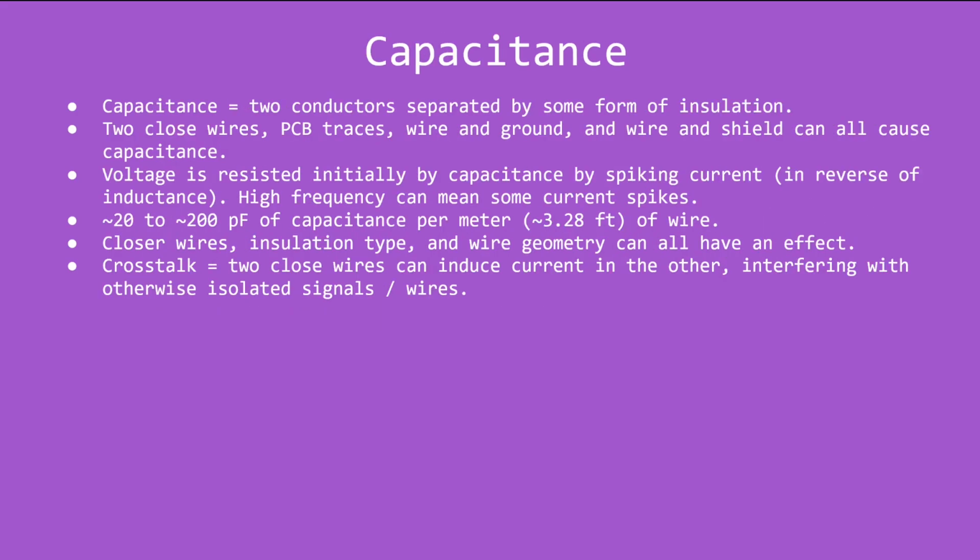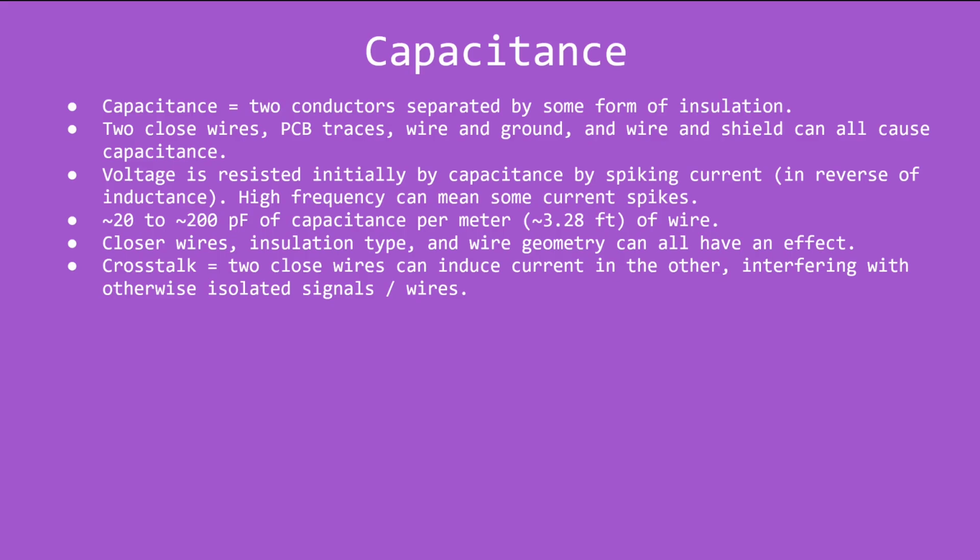And next we have capacitance. Now in previous videos, I mentioned how a capacitor is basically just two conductors separated by some form of insulation. Two close wires, PCB traces, wire and ground, and wire and shield all cause capacitance. Voltage is resisted initially by capacitance by spiking the current. This is kind of a reverse of the inductance, and high frequency can result in some serious current spikes.